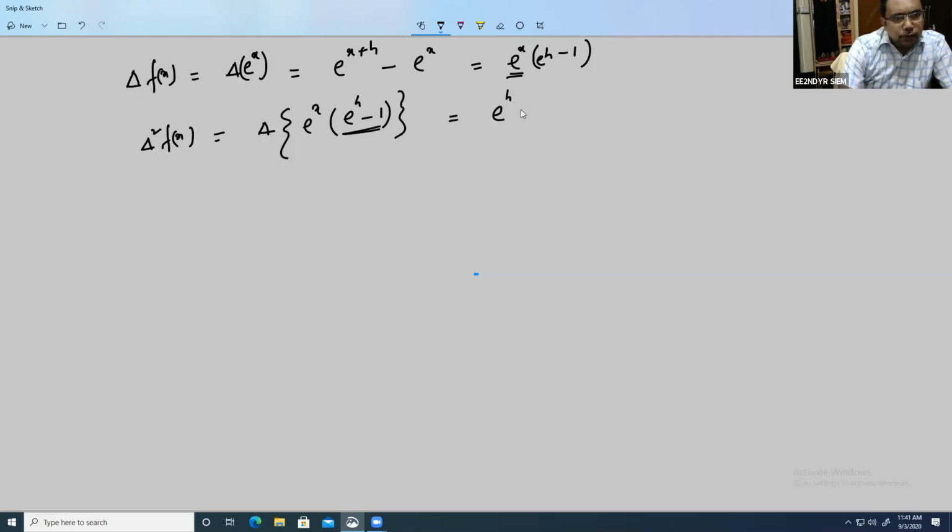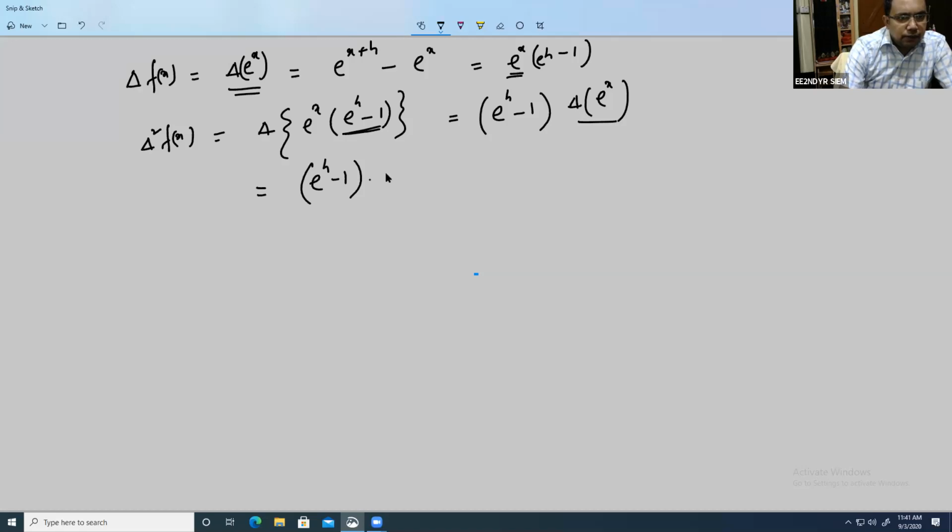So e to the power h minus 1 is a constant term. And this is del again e to the power x. So this is e to the power h minus 1. Again, del e to the power x can be written as this. Look at this, del e to the power x.